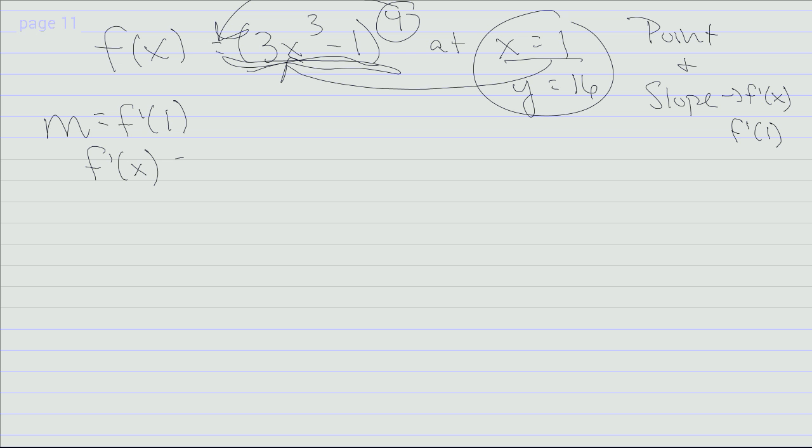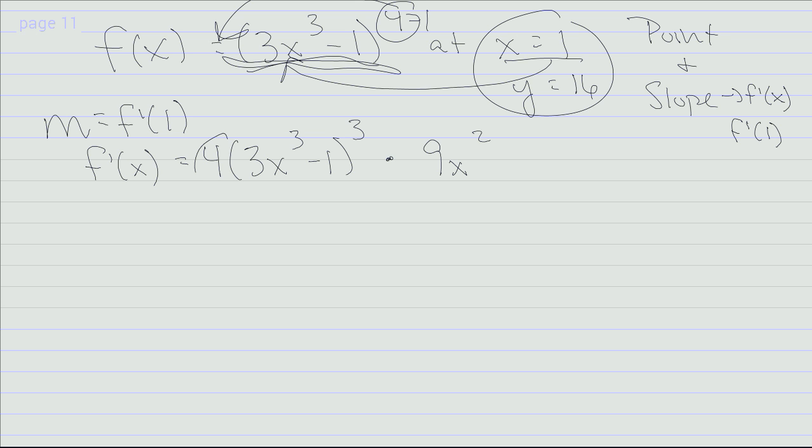So f prime of x is equal to 4 times 3x cubed minus 1. Remember, don't change any of that stuff, just drag it along. Subtract 1 from your original power to make it the third power. And then we're going to tack along the derivative of the stuff, which is going to be 9x squared.